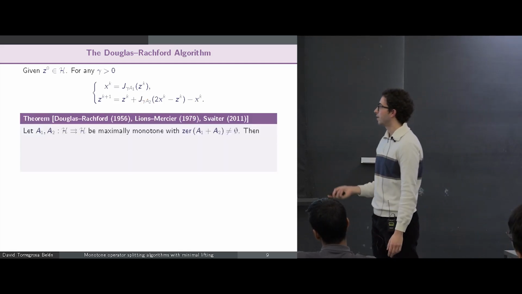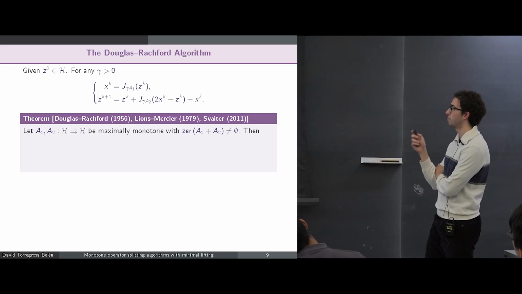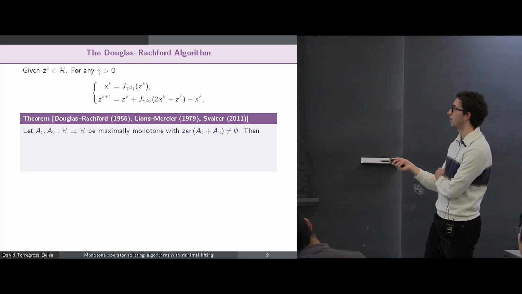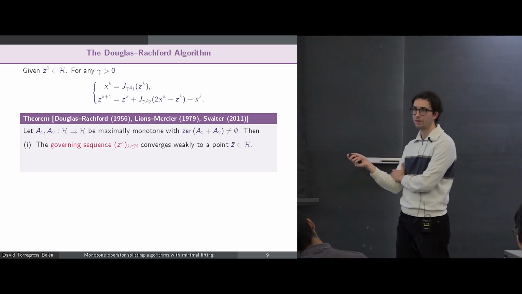Okay? The convergence theorem of this method was given by the effort of several authors, and it says the following: whenever you have two maximally monotone operators and you have a solution to the problem, then the governing sequence, which is the sequence zk here, will converge weakly to some point z bar.